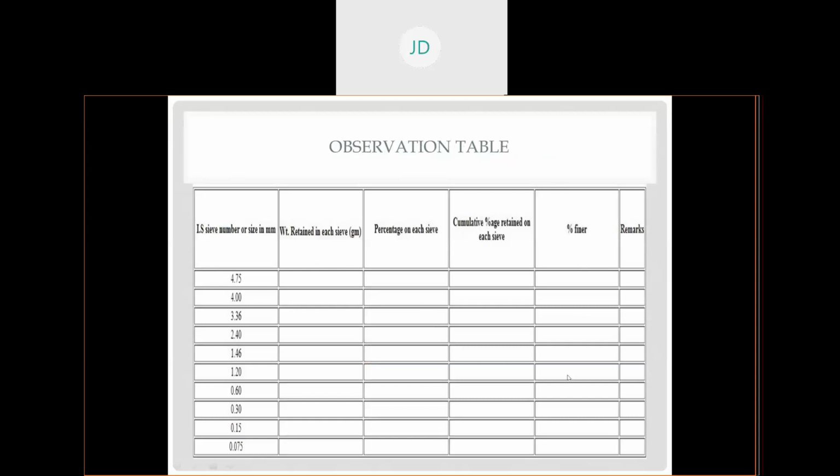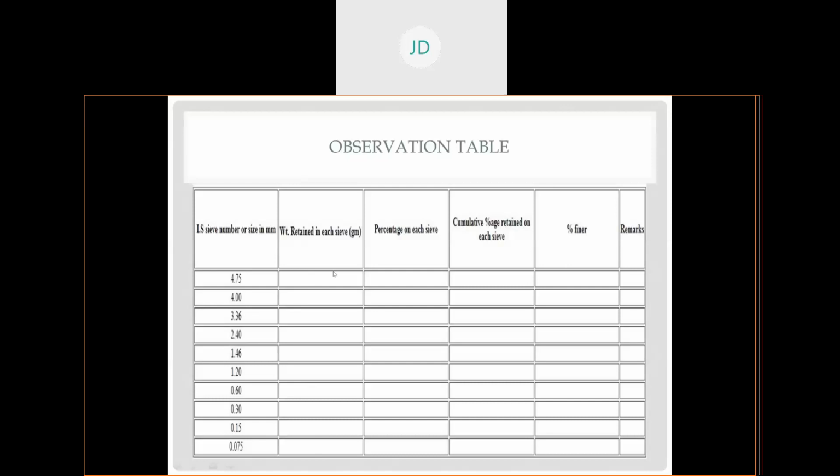How is it done? First, put the value of the sieve in the first column, then find out the weight of the soil retained on each sieve. Suppose on the 4.75 millimeter sieve, how much soil was retained, you measure it on the weighing machine. Like this we have to measure the soil retained on each sieve.